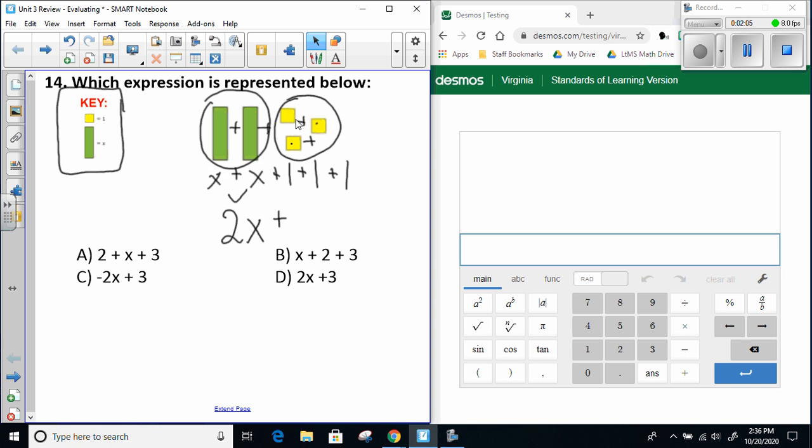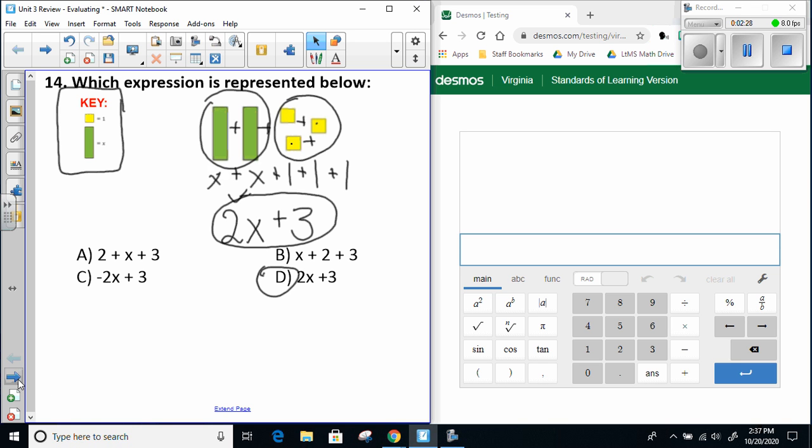And I see that there are 3 of them. So instead of writing 1 plus 1 plus 1, I can shorten that or simplify and go ahead and write plus 3. So now that all of my x's are grouped together and all of my 1's are grouped together, I know that I've finished simplifying, and my final answer should be 2x plus 3, which is choice D.